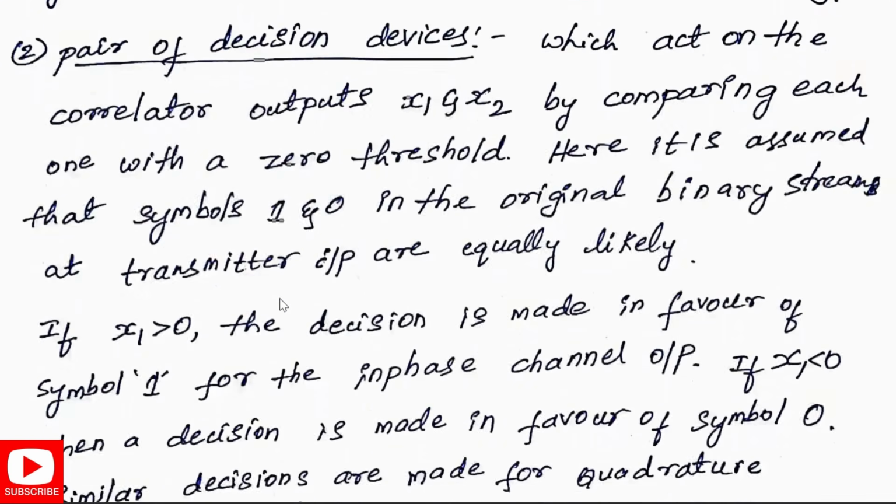Next comes the decision making. We have a pair of decision devices which act on the correlator outputs. Each compares its input with a zero threshold. The 1 and 0 symbols in the original binary sequence at the transmitter input are assumed to be equally likely. As usual, if x is greater than 0, the decision is in favor of 1 in the in-phase channel.